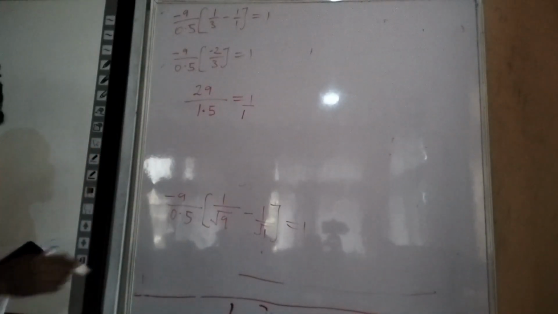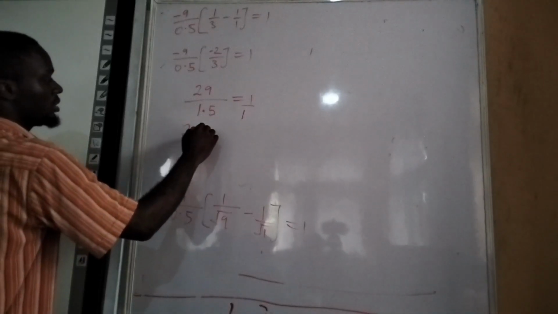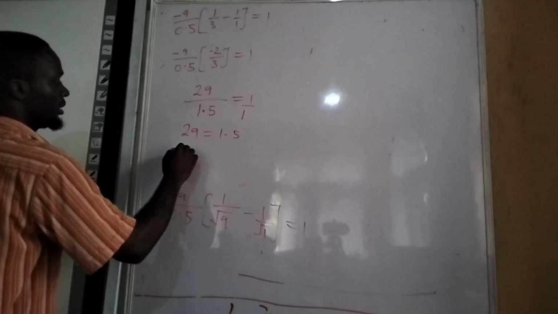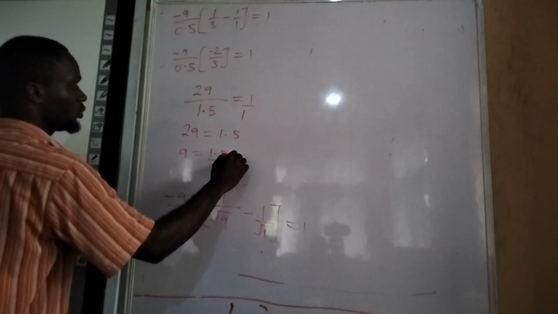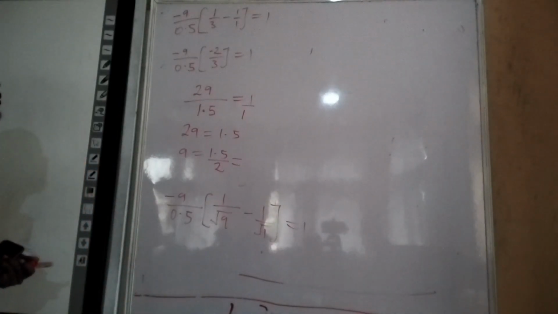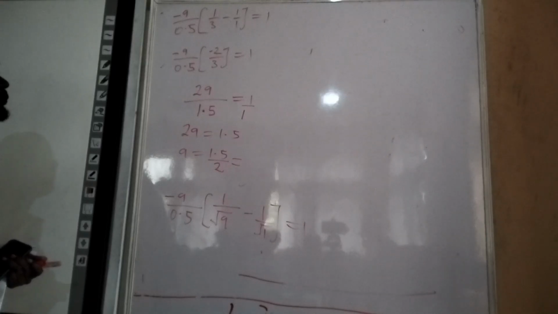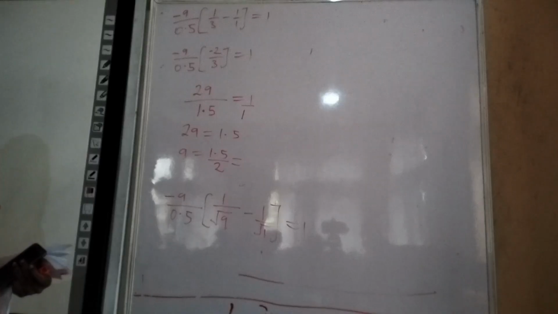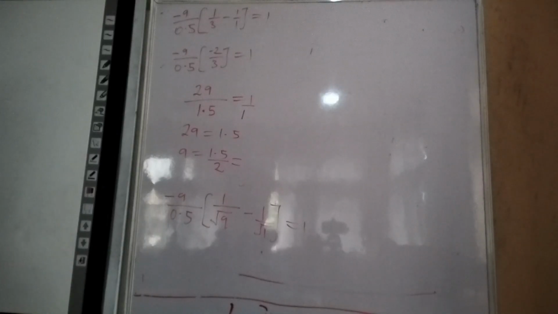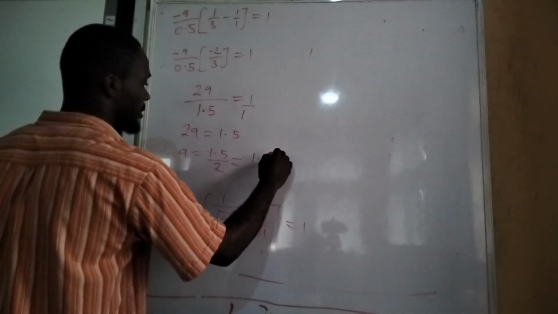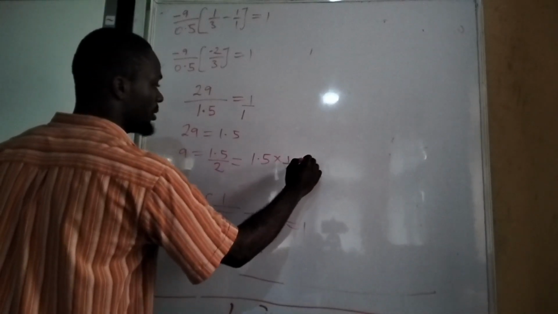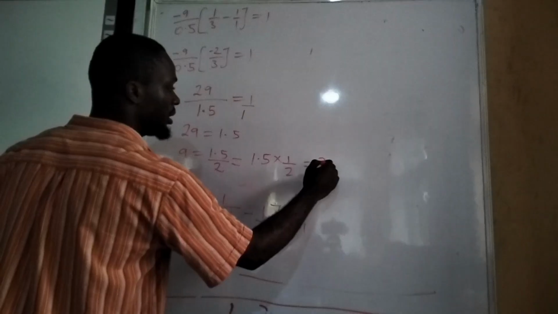Because we multiply, we have 2A is equal to 1.5, then our A is equal to 1.5 over 2. So 1.5 is another way of writing 3 over 2.